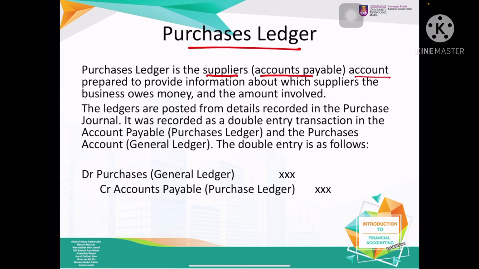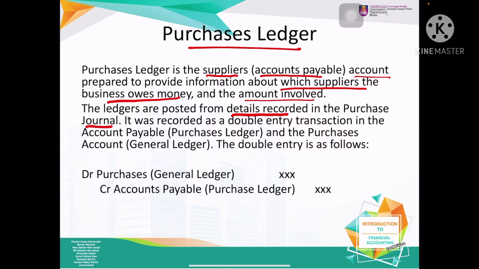Alright, next will be our purchase ledger, or the supplier's account, the other name being accounts payable. It provides information about what the business owes to suppliers, and also the amount involved. It means that the business owes money to someone, the supplier. The ledgers are posted from the details recorded in the purchase journal.